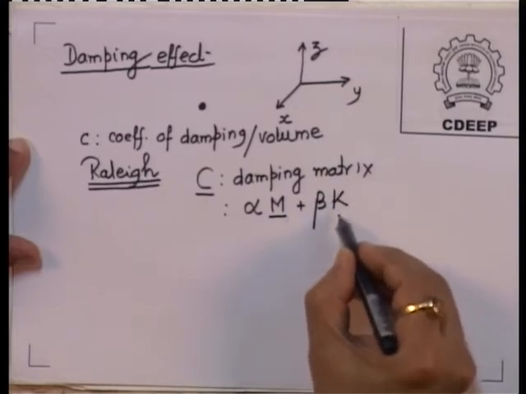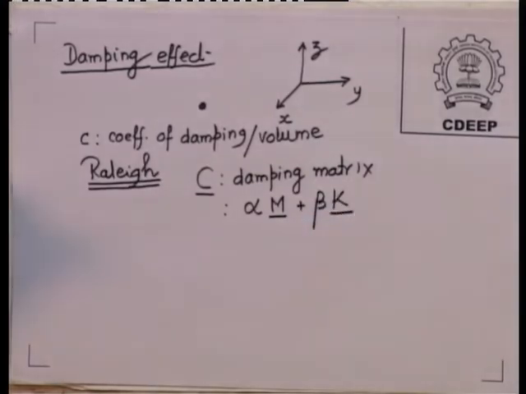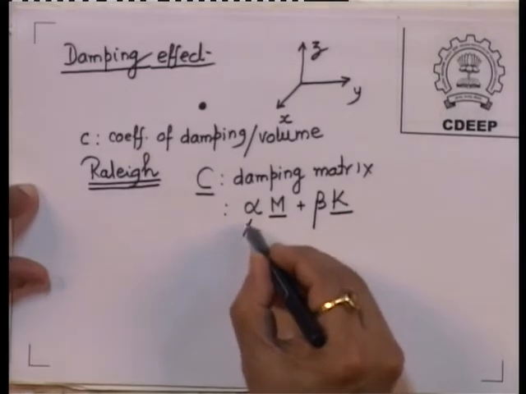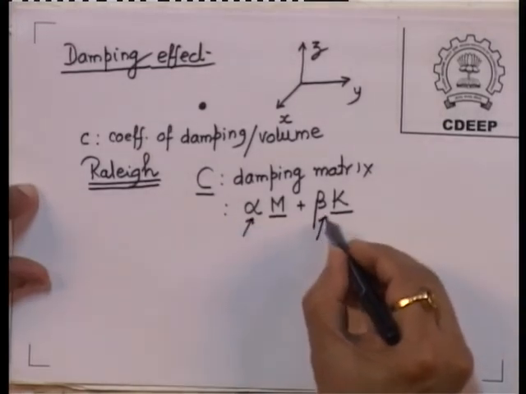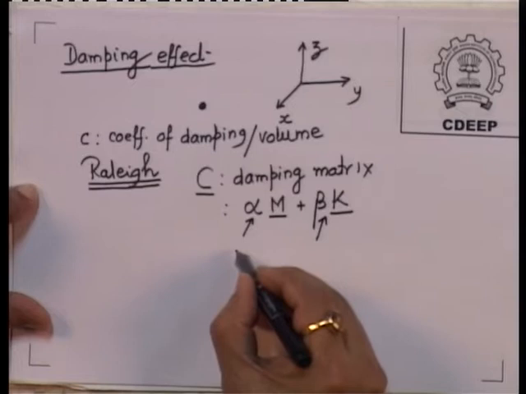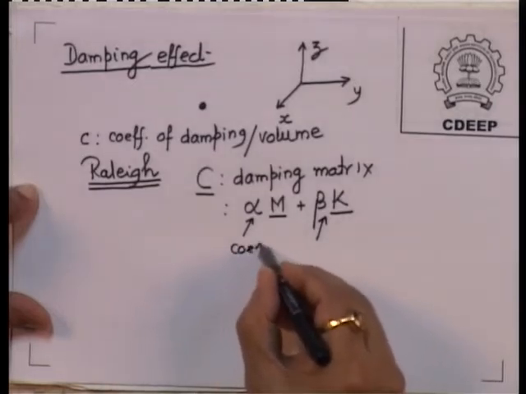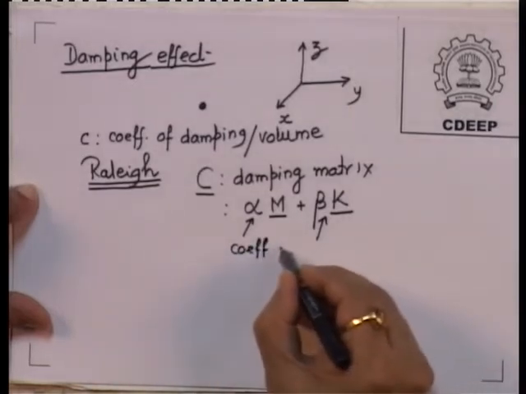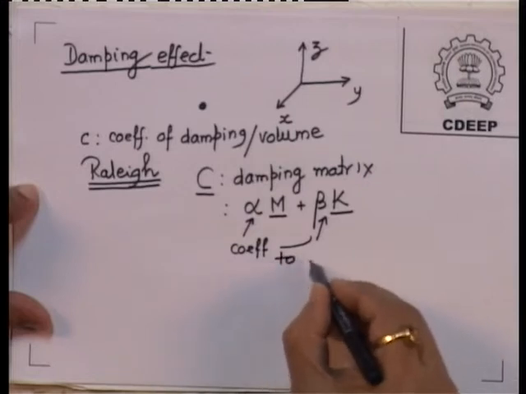This can be written as alpha times the mass matrix plus beta times the stiffness matrix, a combination of stiffness and mass of the body. These are the two coefficients, alpha and beta, which are found out experimentally.